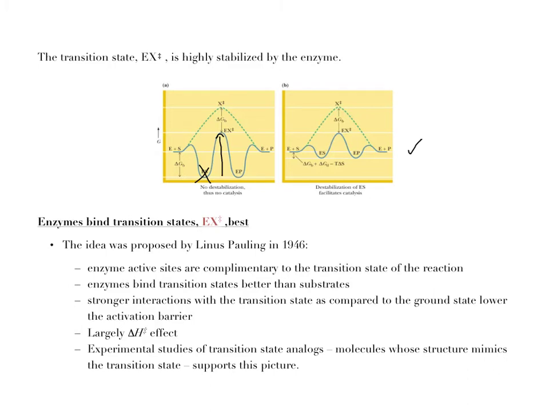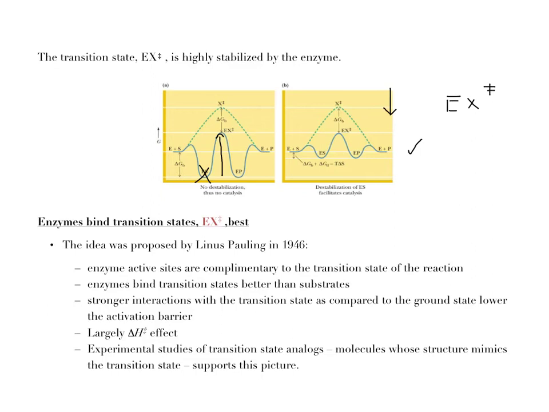Now we want to take a look at what we want to do to the energy of the transition state complex, EX double dagger. Here, we want the enzyme to stabilize that maximally, in other words, to reduce its energy as much as possible through binding to the enzyme active site.